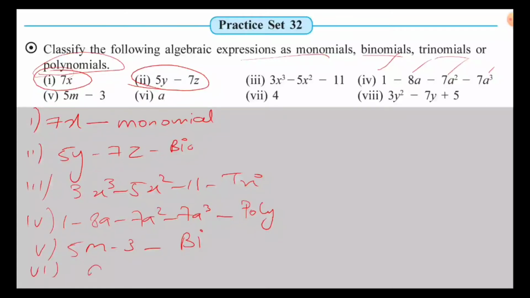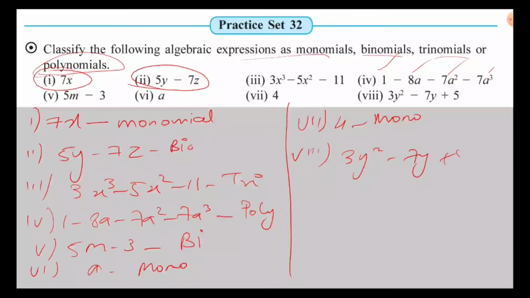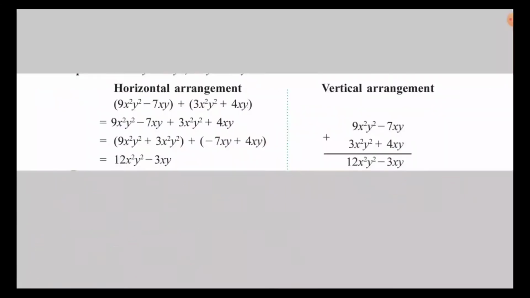Sixth sum a, this is monomial. Seventh sum 4, this is again monomial. Eighth sum 3y square minus 7y plus 5, this is trinomial. So this was so simple. Our practice set 32 has finished over here.